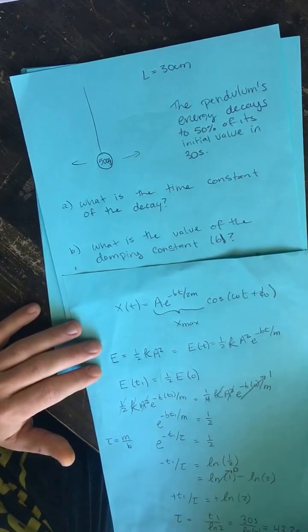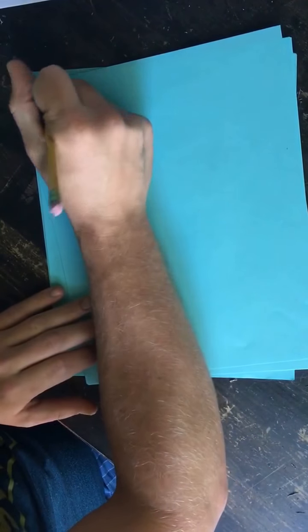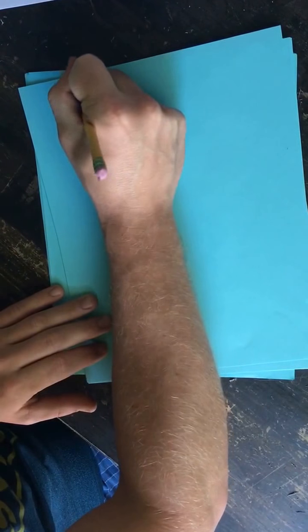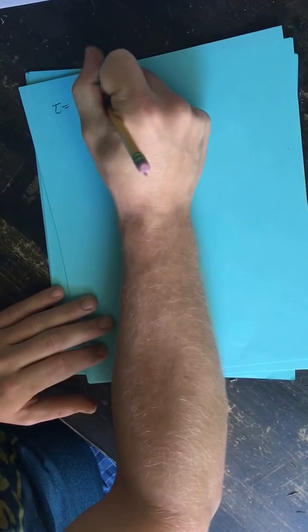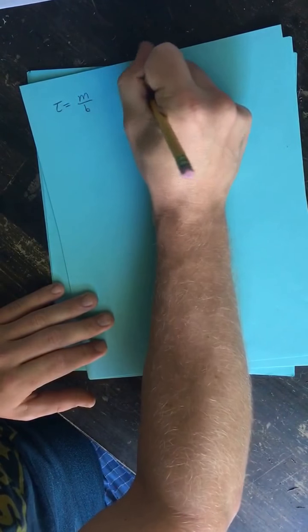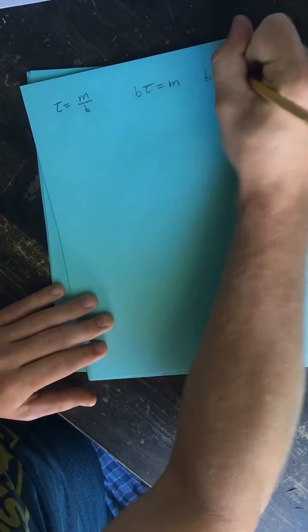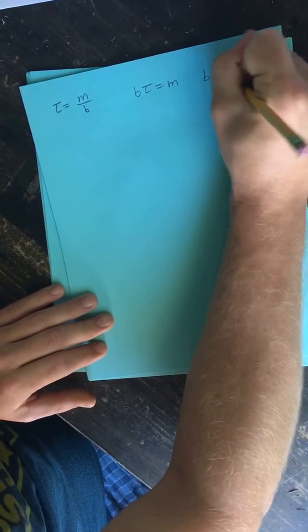All right, part B asks what is the value of the damping constant? Now we need to find the damping coefficient b, which is pretty straightforward. We know that the time constant is equal to the mass divided by the damping constant. We already know the time constant, so we need to solve this for b. We get b times tau is equal to m, or b is equal to m divided by tau.